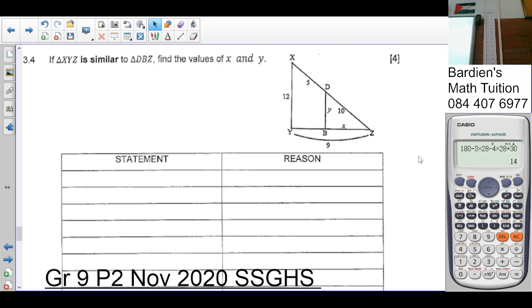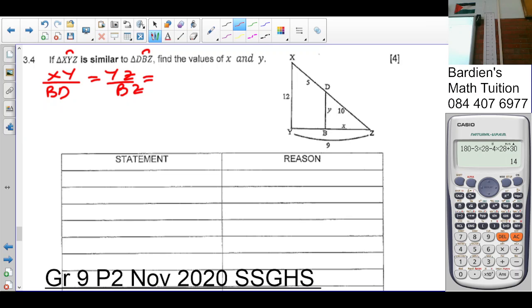Calculate X and Y. Since they are given similar, I can conclude that XY over BD is equal to YZ over BZ, which is equal to XZ over DZ. Why? Because triangle XYZ is similar to triangle DBZ. Or you could have written sides in proportion.